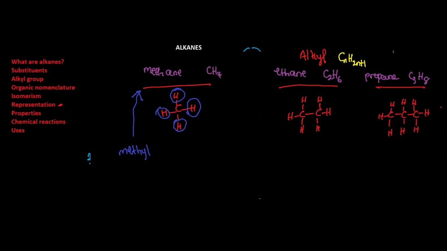No matter the position from which we remove this hydrogen, we would always form methyl, which is CH3. Now, why is this so? We would always form methyl regardless of the hydrogen removed, because all of the hydrogen atoms under consideration are identical. They are identical in the sense that they occupy the same environment.